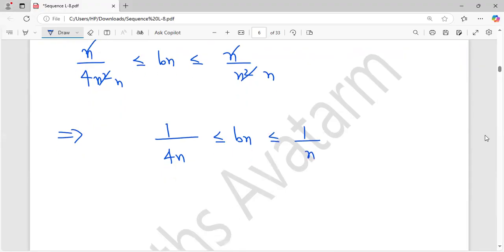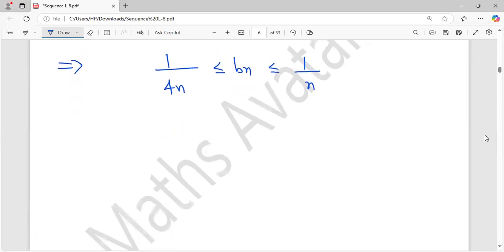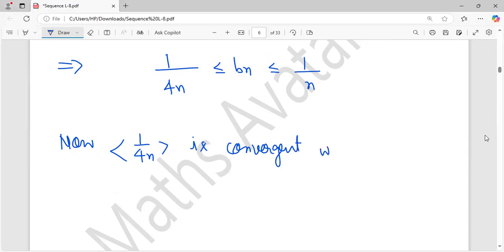Now, if we take this sequence, 1 upon 4n is convergent with limit as n tending to infinity of 1 upon 4n equal to 0.